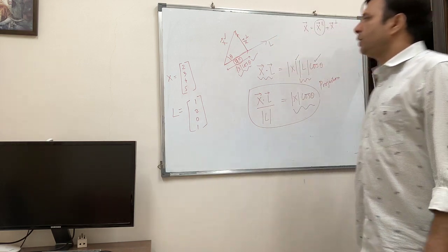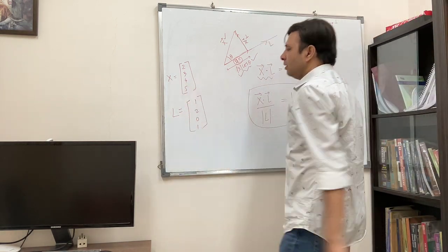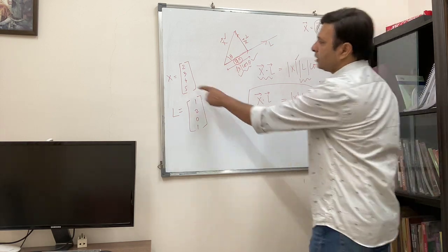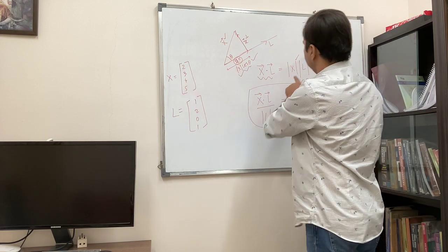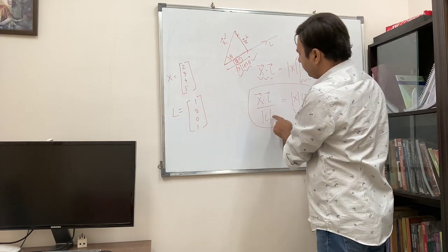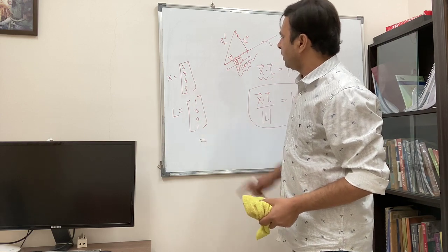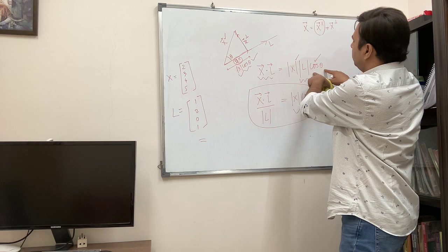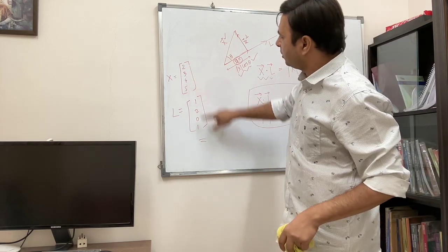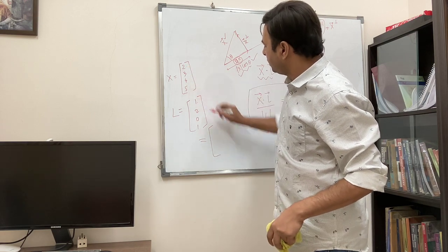I want to know the projection of x along L, and the rule is to take the dot product and divide it by the length of L. So what is the dot product between this vector and this vector? I can just take the dot product of this and this. So 2 times 1 is 2.